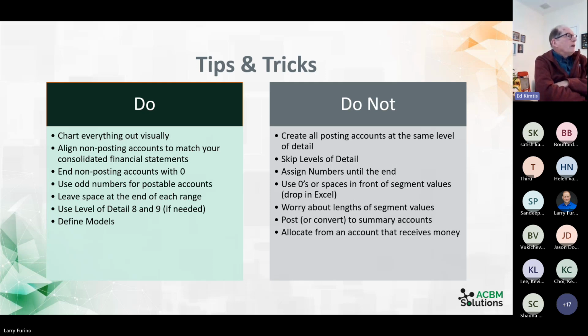We'll do that, using all the levels of detail as needed, and defining models: these SG&A departments are going to have one set of accounts, and these accounts in operations or manufacturing out at the sites are going to have another set of accounts, so that you can avoid using the wrong accounts.